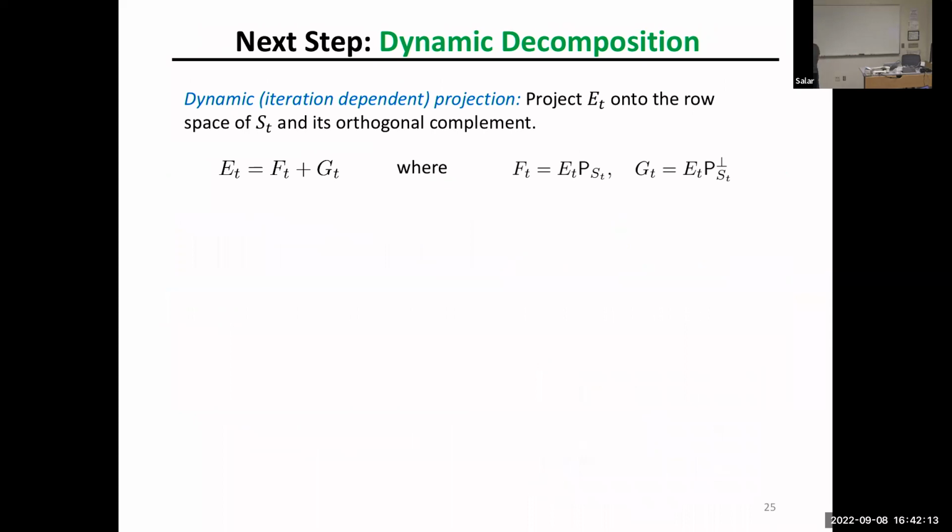This decomposition is going to be dynamic, meaning that at every iteration, we're going to project this ET, the residual term, onto the row space of ST and its orthogonal complement. The projection onto the row space is shown with FT, and the orthogonal complement is shown by GT. Now, the first question is, why do we do such decomposition?